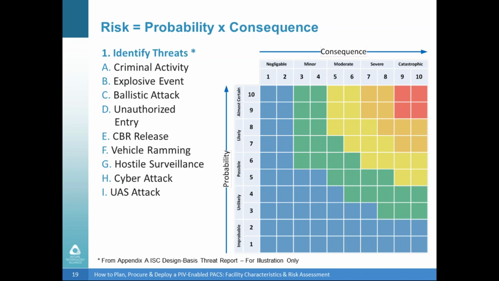Explosive events can be broken down into parcel, person-borne, or vehicle-borne IEDs. Unauthorized entry can be broken down into forced, surreptitious, or covert threats. Obviously, the more detailed you make it, the more threats you'll have. But everything is ranked relatively. And you can always adjust the scale of a graphic like this or of a tool like this as you need to.